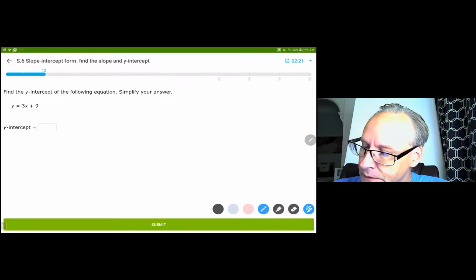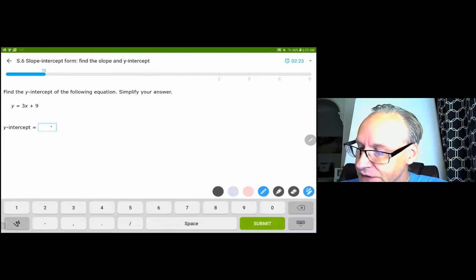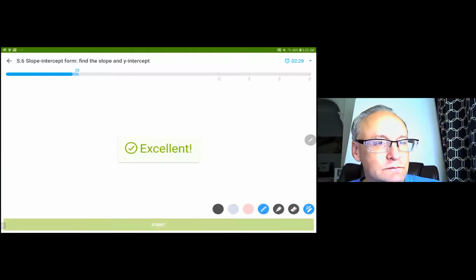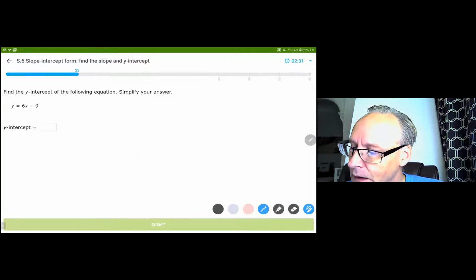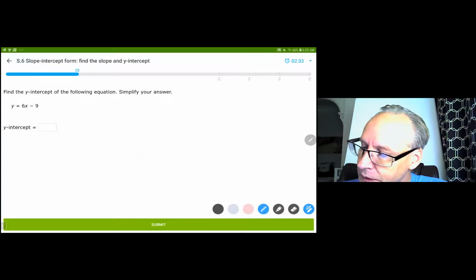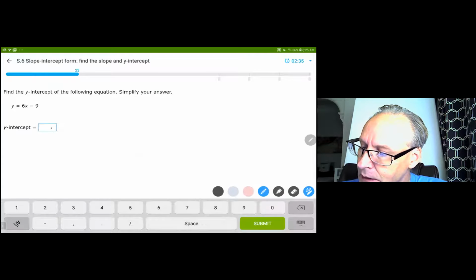And this one, they're asking for 9, even though we know it's at 0, 9, okay? And in this case, they're asking for 0, negative 9.